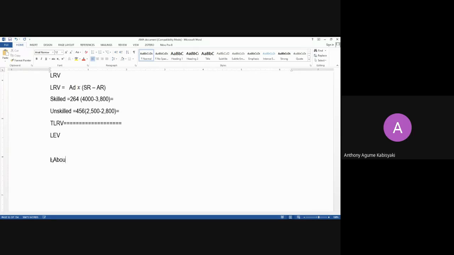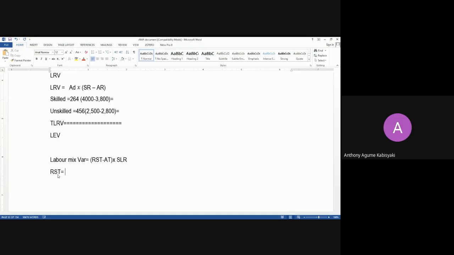Labor mix variance. So for the labor mix, you need to get the revised standard time minus actual time, then multiply by the standard labor rate. And how do I get the RST?